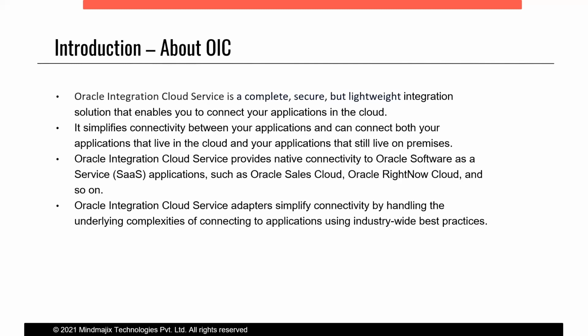Suppose the client says this particular operation will be done in my local system only, and some applications I have to do in Oracle Cloud. Those things we can handle with Oracle OIC. We can connect our own applications on the cloud, or applications on premises, like third-party or previous applications which are not yet migrated to the cloud.